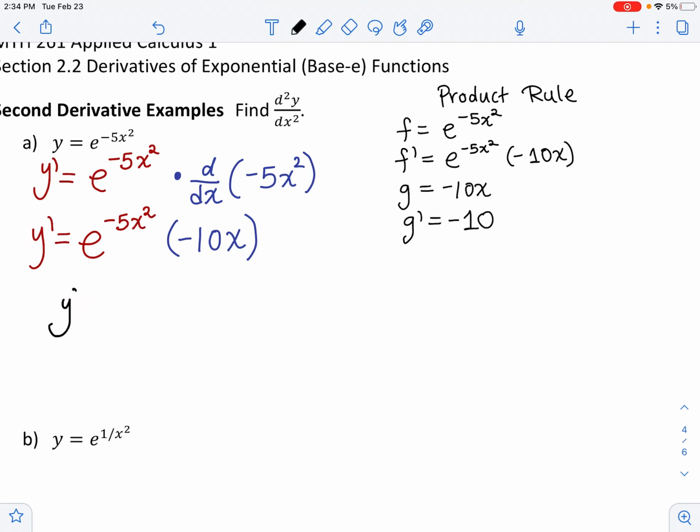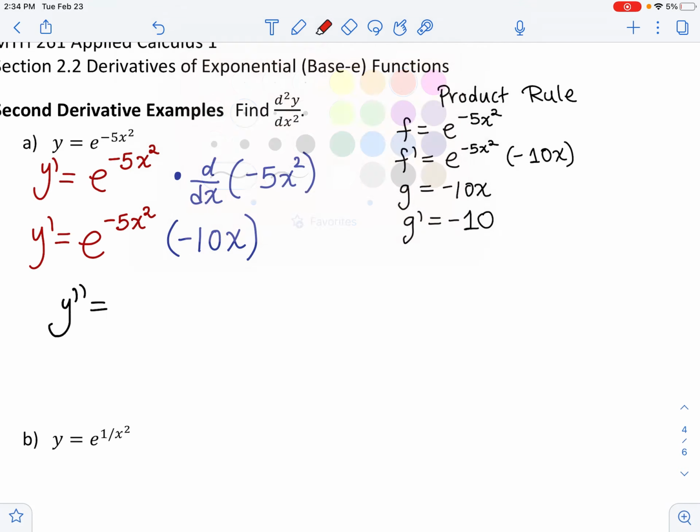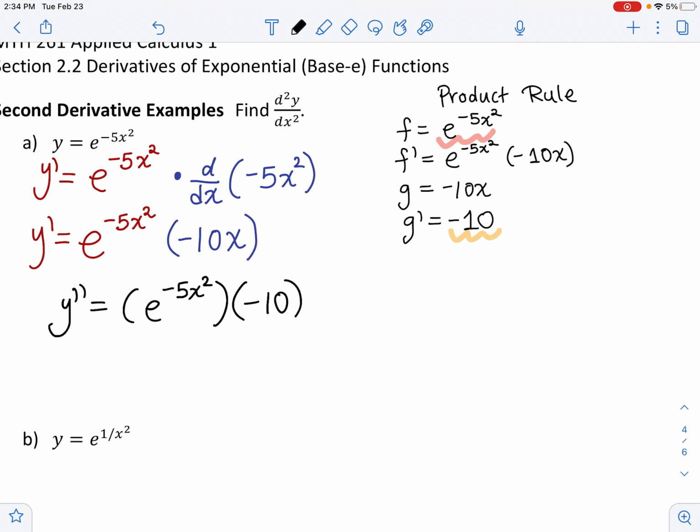So y double prime is, let's do first times the derivative of the second. First times e to the negative 5x squared, the derivative of the second, which is negative 10. Negative 10, plus sign.